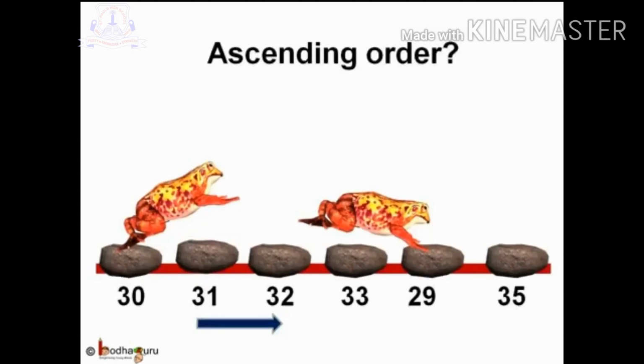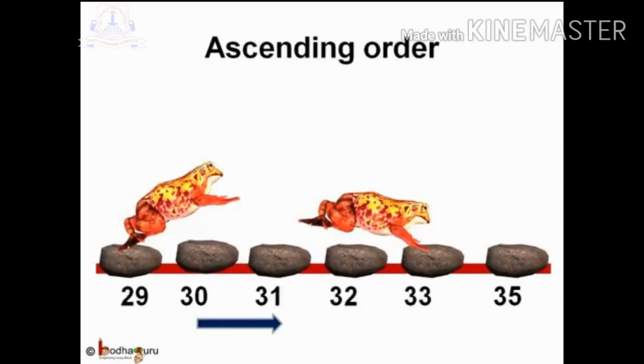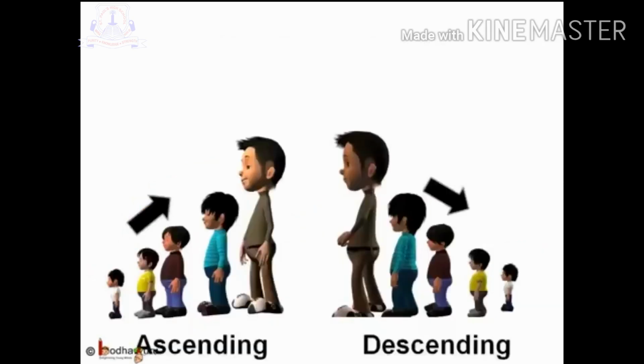See, from start to end, all the numbers are in ascending order. Understood? So now you know ascending order is going from the smallest number to the greatest number, and descending order is going from the greatest number to the smallest number.